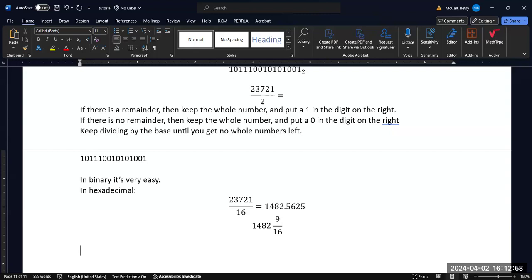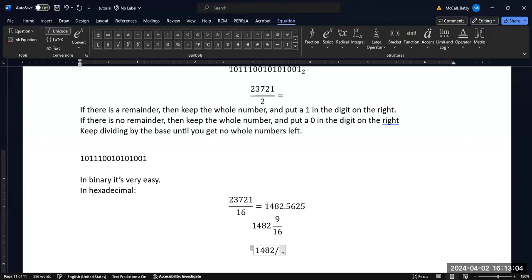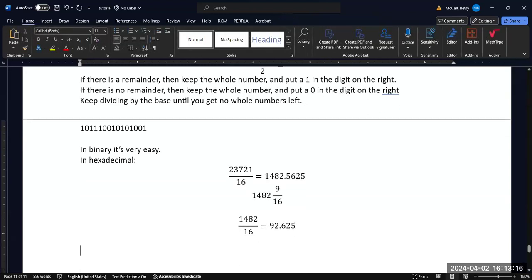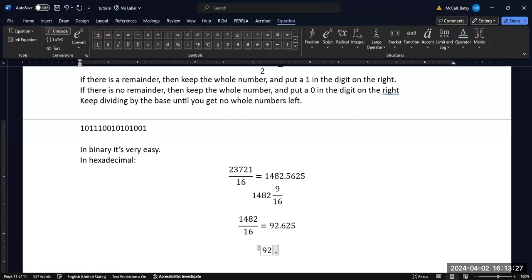So 1482 divided by 16 is 92.625. Well, minus 92, convert to fraction, that is 5/8. 92 and 5/8 is equal to 92 and 10/16.